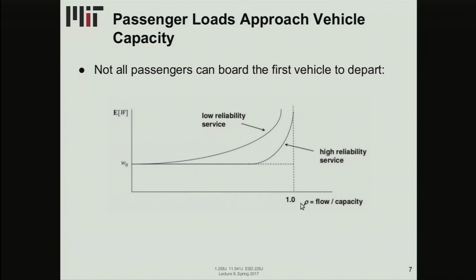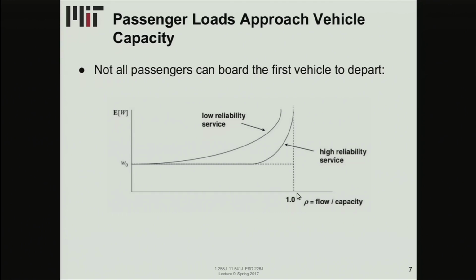So here on the horizontal, we have rho, which is flow over capacity. You may have seen this kind of relationship from queuing theory. So when rho is 0, it means that you have some supply and nobody's using it, right? If rho is 0.5, then your capacity is double the demand, and that's okay usually.